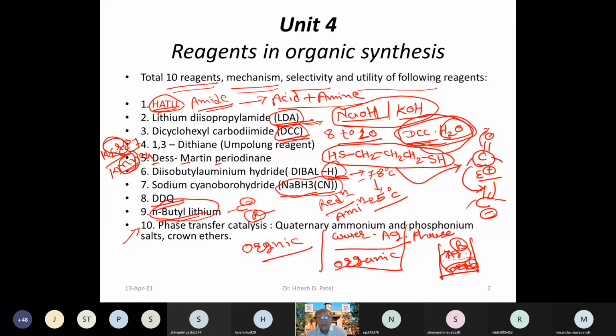In PTC, we can mainly use quaternary ammonium and phosphonium salts. To some extent crown ethers also we can use, but I will mainly focus on quaternary ammonium and phosphonium salts. These have limitations, but even though it is in the syllabus, so we will discuss it at the end.